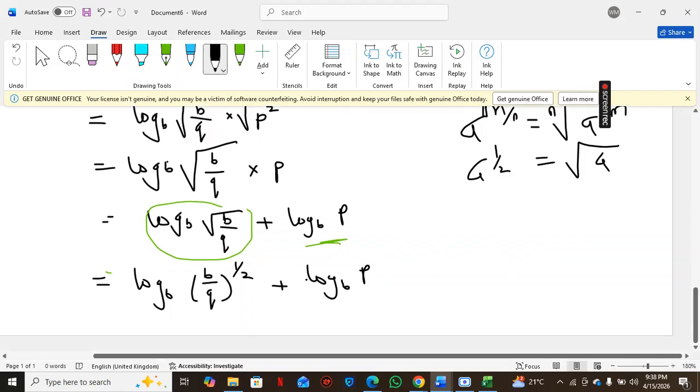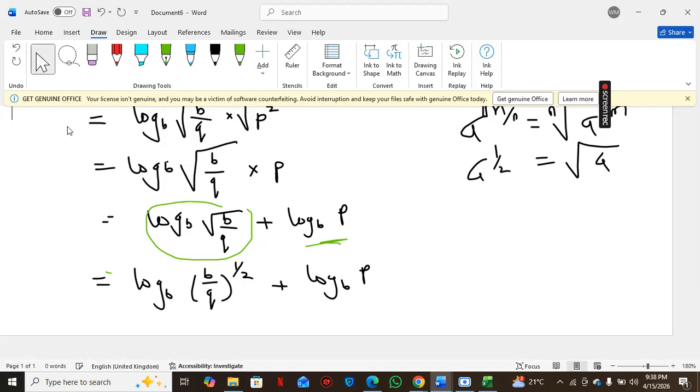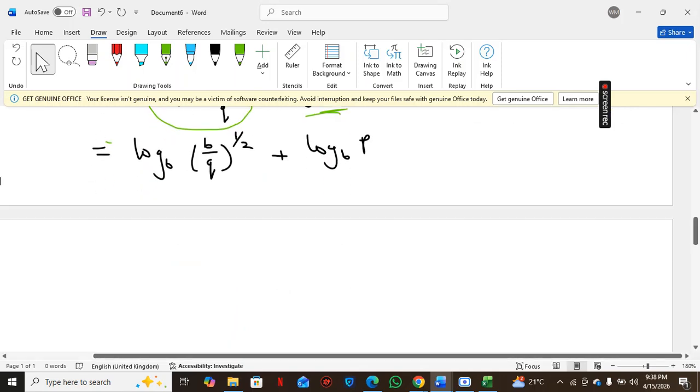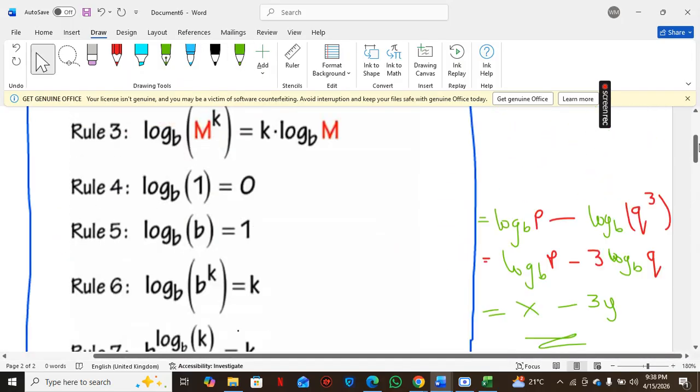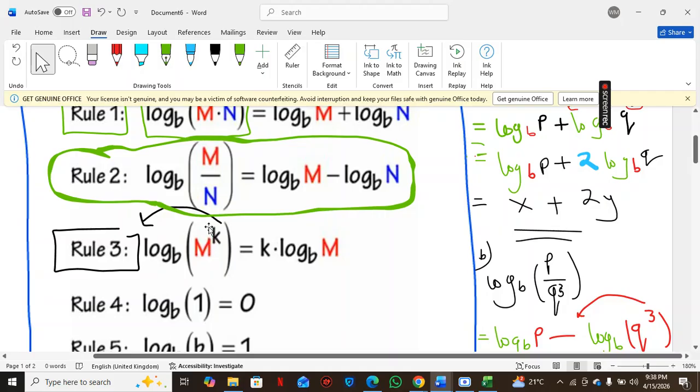Then we're still not yet done with log base b of b over q to the power half. When we apply the power rule for logarithms, we have to bring the power in front of the logarithm.